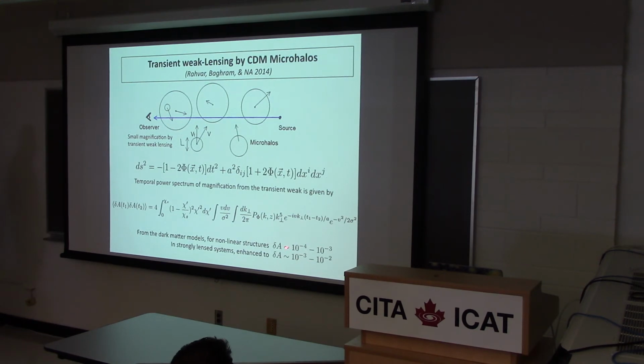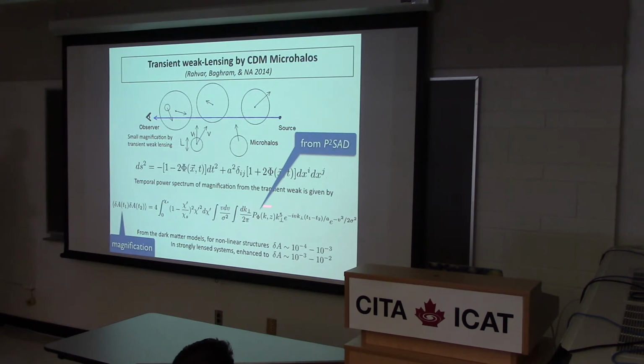The amplitude is maybe 10 to the minus 4 to 10 to the minus 3, depending on the model. However, if you have a strongly lensed system, like we do, and I'm going to show you some examples, this could be enhanced by more than 100, in fact. So this could become of order a percent level.